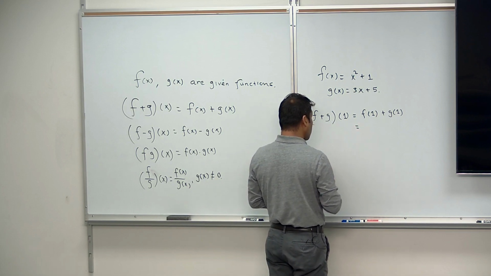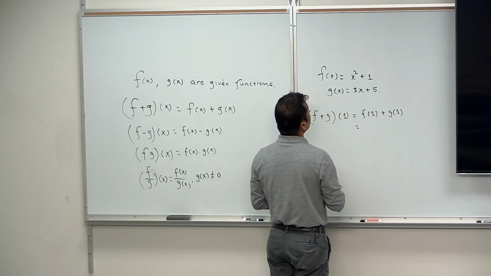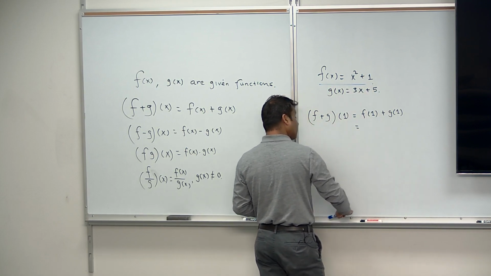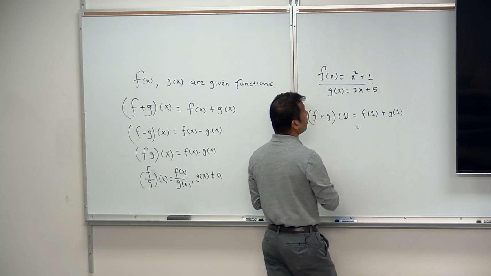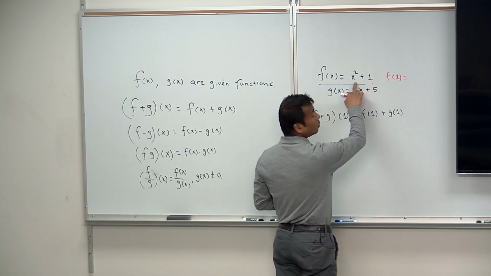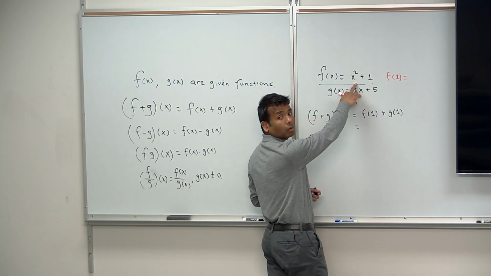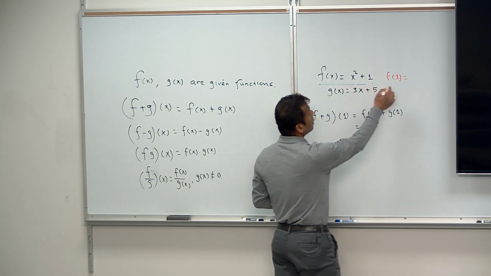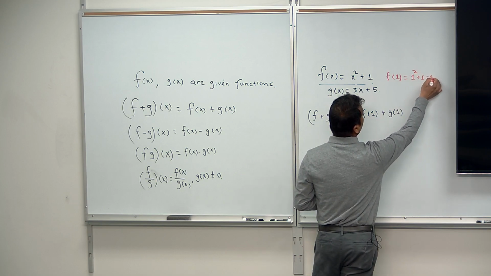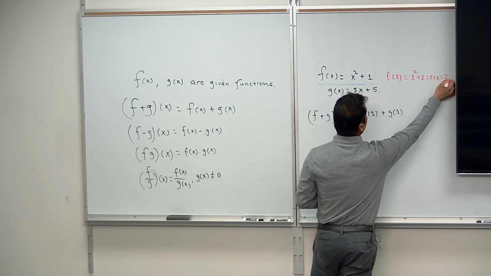So now, what is f of 1? How do you get f of 1? What is your f(x)? x squared plus 1, right? So what will be the value of f of 1? You plug in, so yes, that will be 2. You plug in 1 here, so 1 squared plus 1, which is 1 plus 1 equal to 2.